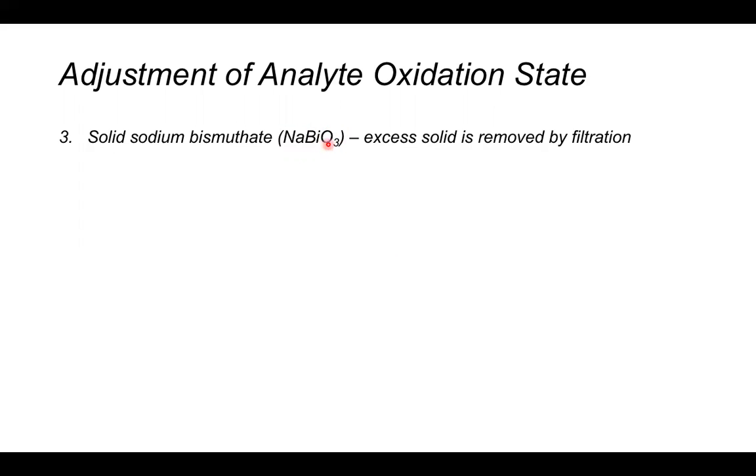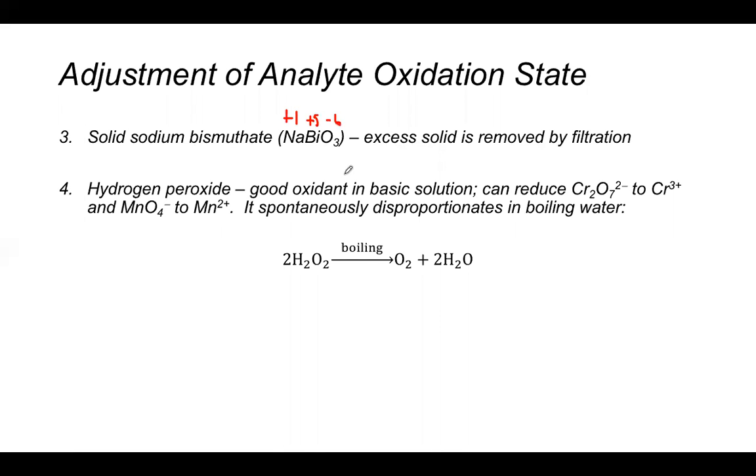But this overall is -1 because this is +1, meaning that we have bismuth in the +5 oxidation state. So the sodium ion is +1, bismuth is +5, and then the 3 oxygens together are -6, which gives us our neutral complex. And any excess solid remaining after this is removed by filtration. So that's a pretty easy process to do.